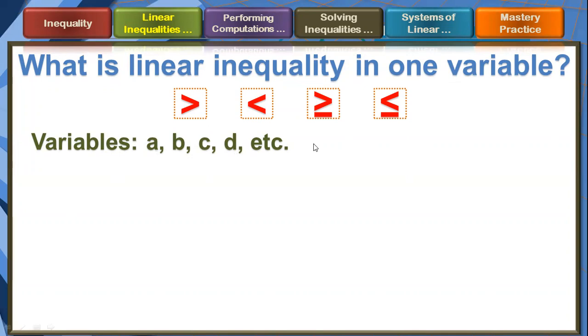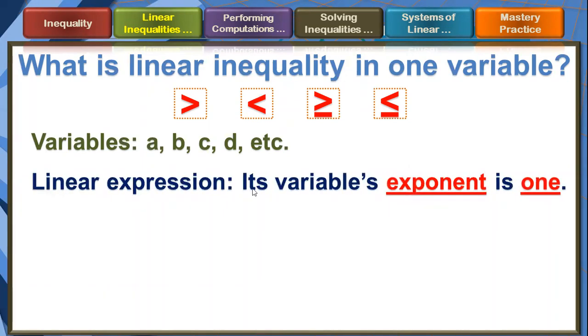Those are letters that have value, but for example, when we are solving an equation where we don't know the value yet, we will use variables. When we solve it, we will get an answer or a value for that variable. A linear expression has a variable whose exponent is 1.